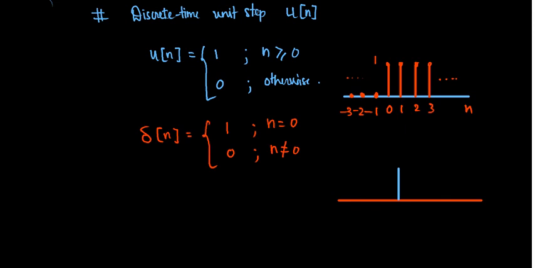At 0 it is 1. So this is del of n, this is u of n. Rest is 0.